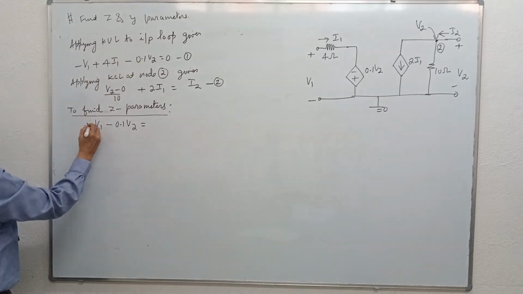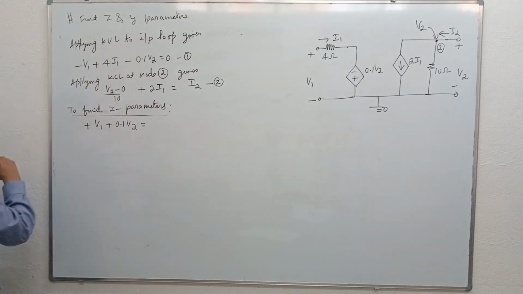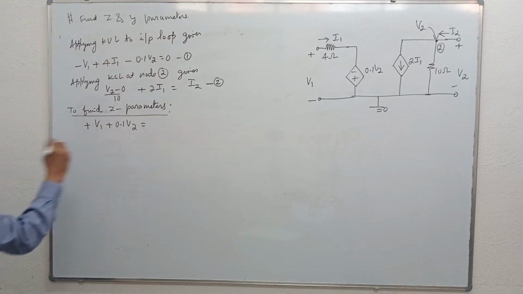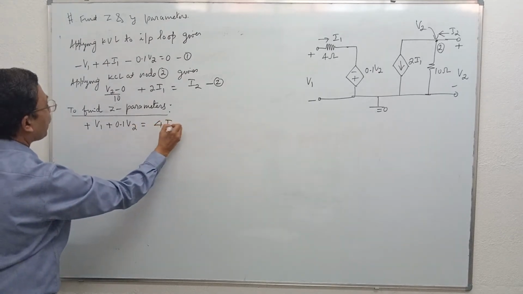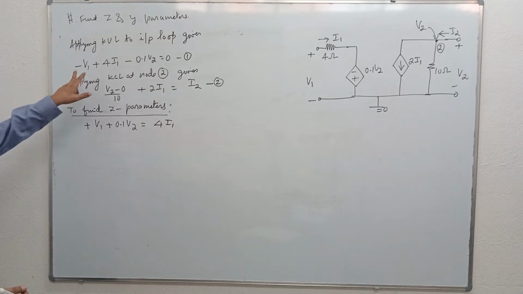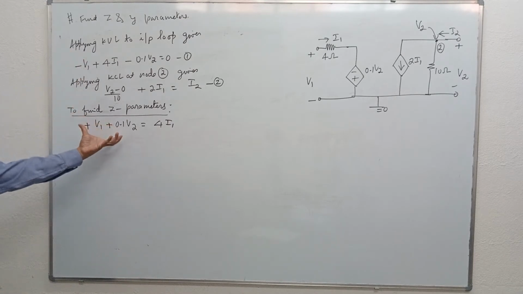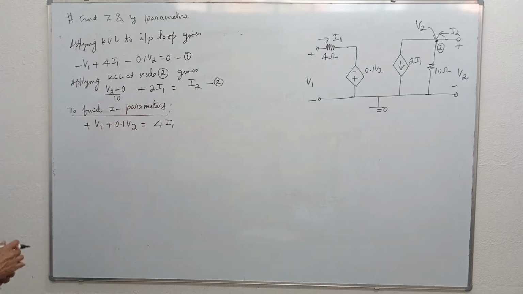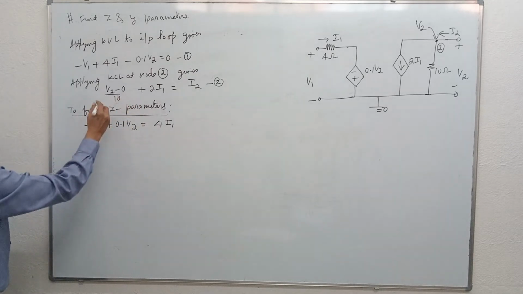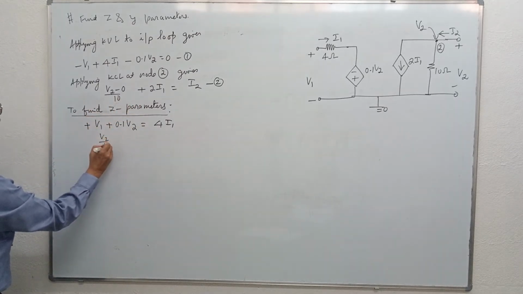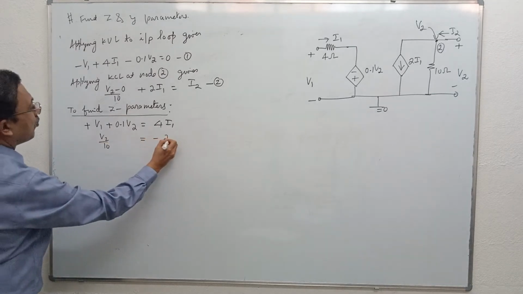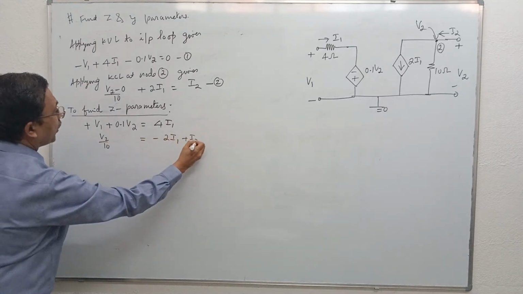This is V1 plus 0.1 V2 is equal to 4I1. I have arranged equation 1 so that V1 and V2 terms are on the left side and 4I1 is on the right side. Same thing I have to do here. This is V2 by 10 is equal to minus 2I1 plus I2.